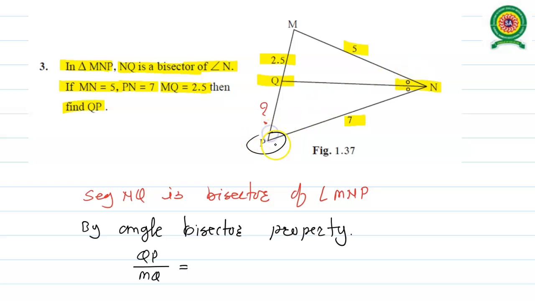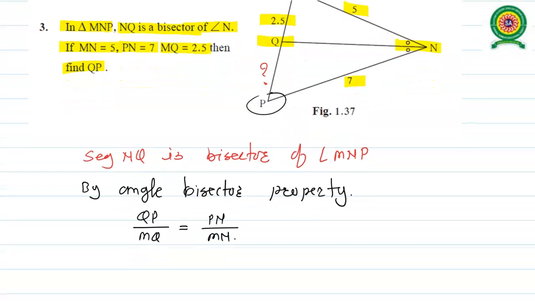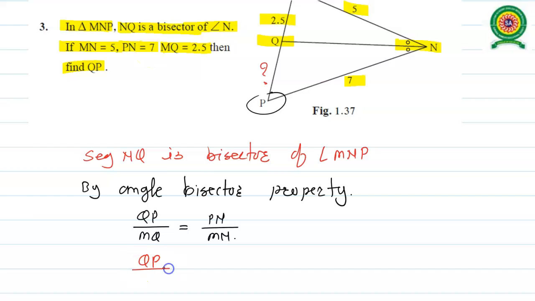We started with the point P, so we have PN divided by MN. Let us replace all values as per the figure or the given data. QP we are finding, MQ value is 2.5, PN value is 7, and MN value is 5.